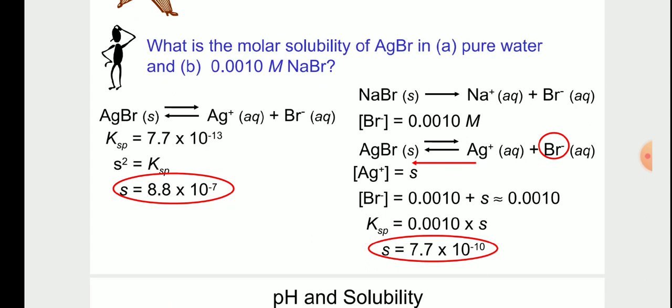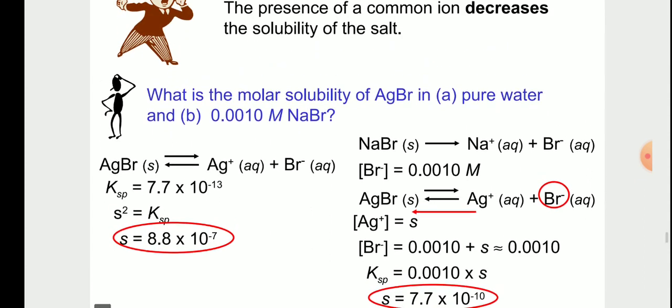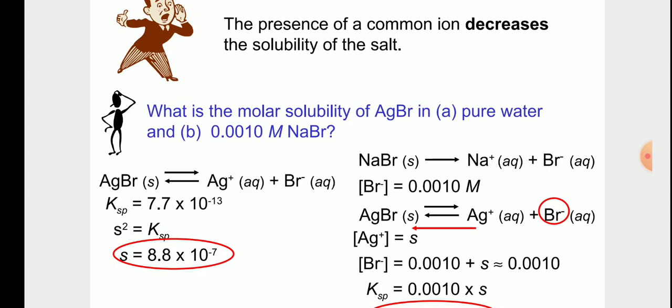It is very low, because due to the presence of bromide from the sodium bromide, the solubility of the silver decreases. So we can control the concentration of any ion, cation or anion, by some other salt or acid or defined electrolyte.